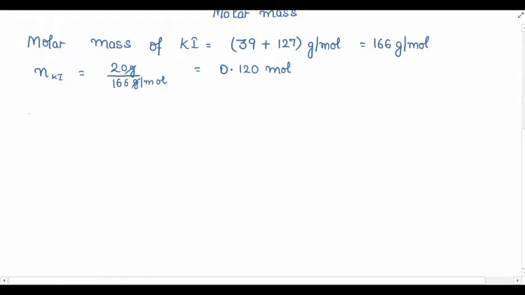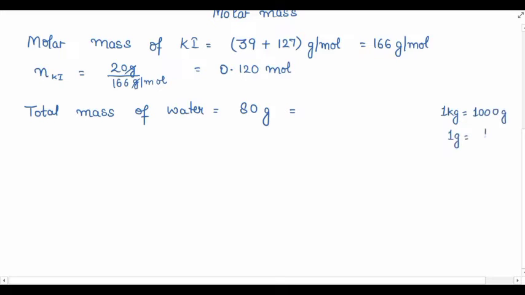Now we have obtained the moles, and apply the formula of molality. So molality is equal to moles upon the total mass of water, which we found earlier as 80, so it is 80 gram. Convert into kg, so we divide 80 gram by 1000, because 1 kg has 1000 gram.